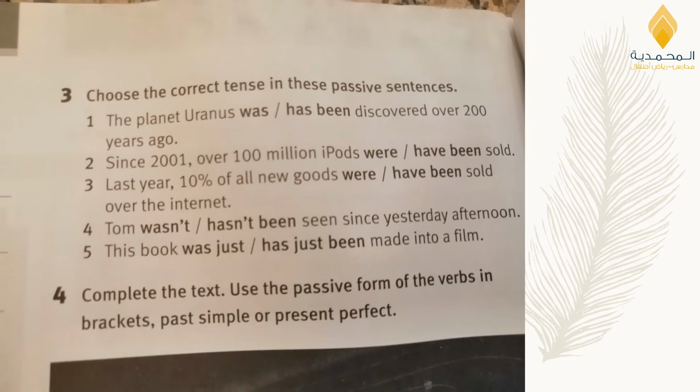Let's start with number 1. The planet Uranus was or has been discovered over 200 years ago. Where is the keyword? Yes, it's ago. So with ago, what do we use? We use was.